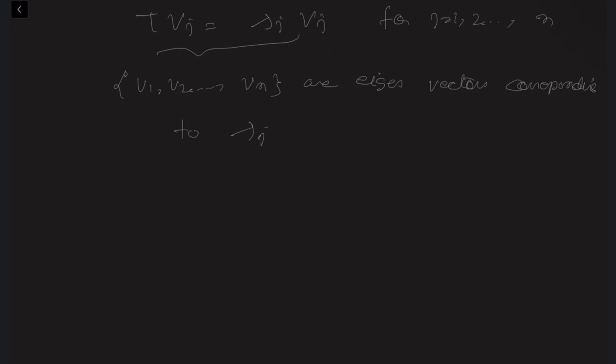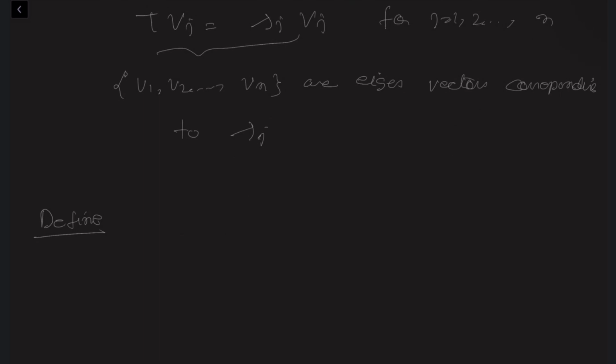So now we go to an important concept. Let me define what we mean by diagonalizable. When we say that the linear transformation is diagonalizable, or when we say that the matrix corresponding to a linear transformation is a diagonal matrix, they are both the same thing. So if T is a linear transformation from V to V, and the corresponding matrix is a diagonal matrix, then we say that T is diagonalizable.